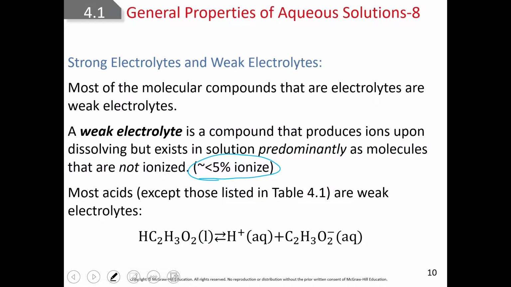You'll notice for weak, there's a double arrow. And what that means is, because they're very weak and roughly only about 5% of what is present ionizes, this is what we call a reversible reaction. Both the forward and the reverse are happening simultaneously.